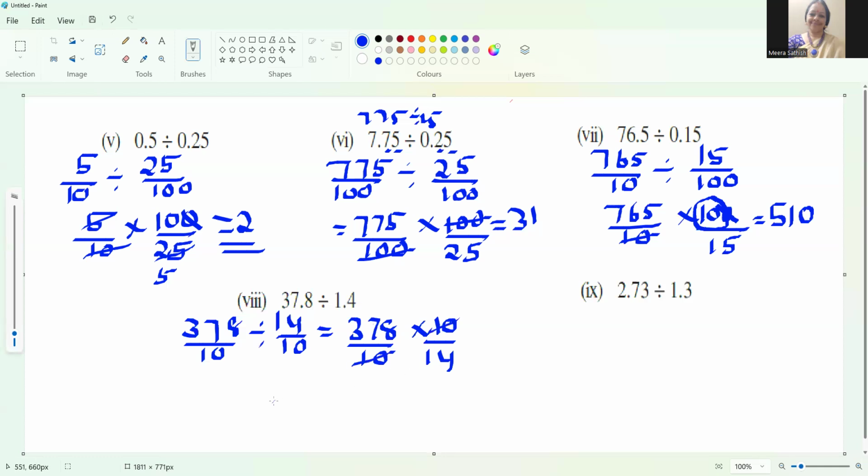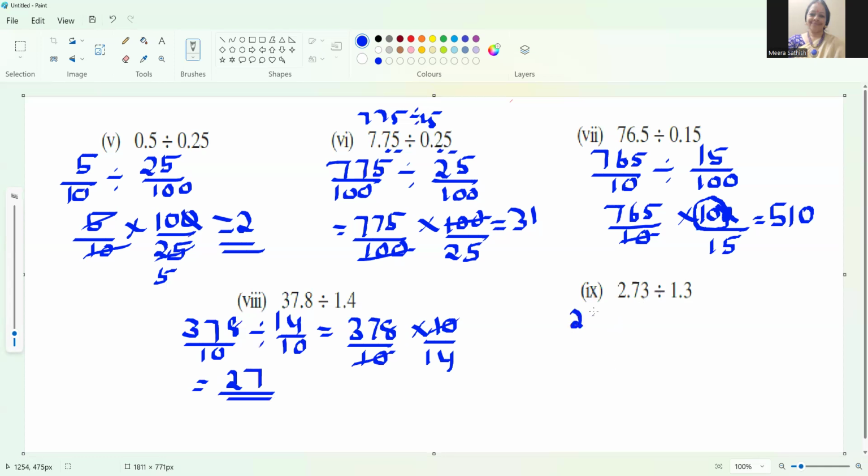Now 378 when you divide by 14. 14 into 3 will not come, 14 into 37, 2 only will come. 2 14s are 28, 9, 98, 7. Okay, 27 we will get.